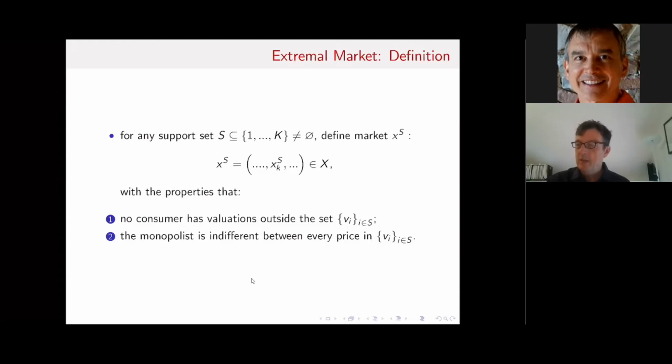And the second key property, that the monopolist is in fact indifferent between every price that is in the support set. Okay, that is every Vi that is in the support of S. Okay, that is basically the definition of a unit elastic demand, because since a monopolist is indifferent, it means that the expected revenue is simply constant.